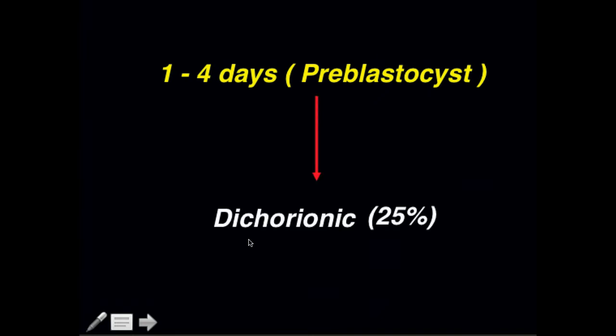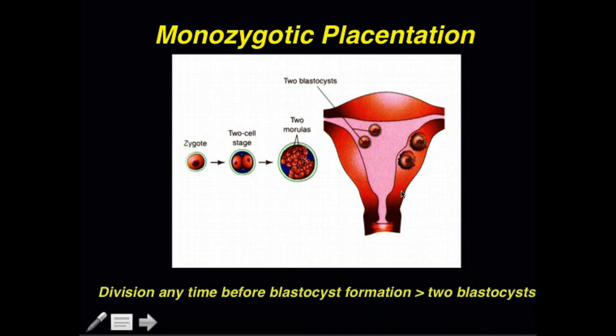If that split occurs before the formation of the blastocyst, that is in the first 4 days after fertilization, then the placentation will be dichorionic. That happens, as I said earlier, in about 1/4 of monozygotic twins. So we have our zygote, which is going along through its early divisions, and then it decides to split.